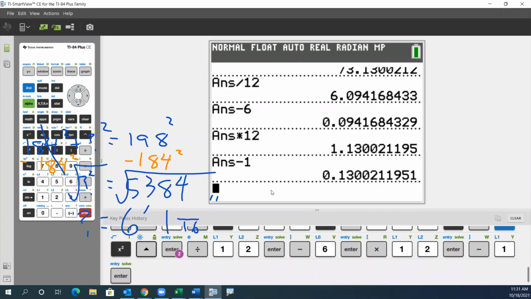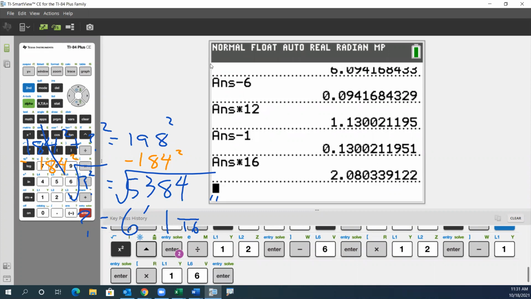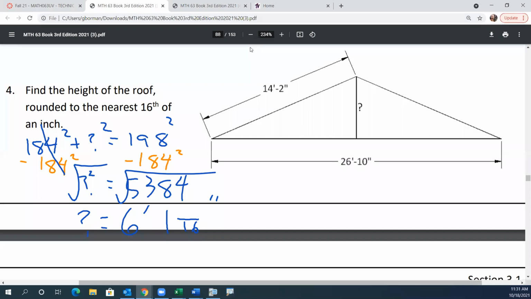And now I'm dealing with just that 0.13 inches. I want 1/16 of an inch. So I'm going to multiply by 16. And that gives me 2. Oh, wait a minute. I want to go right there. There, now you can see it better. 2. Or in other words, 6 foot 1 1/8 inches.